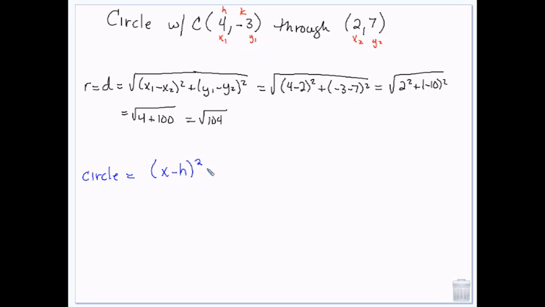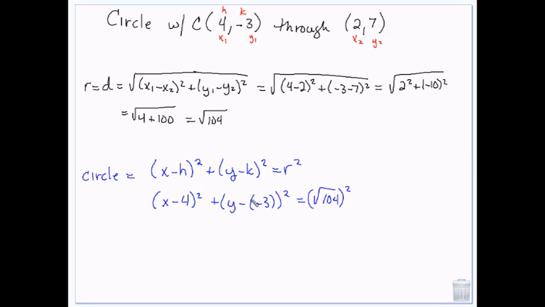And the circle is x minus h squared plus y minus k squared is equal to r squared. So I'm going to plug in h, and I'm going to plug in k, and I'm going to plug in r.